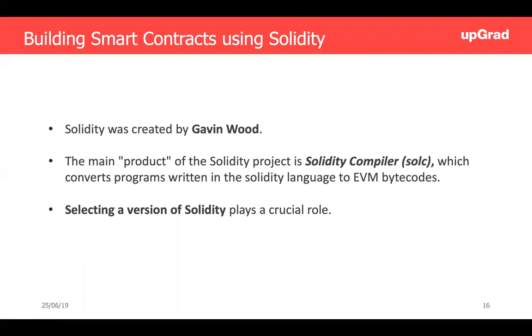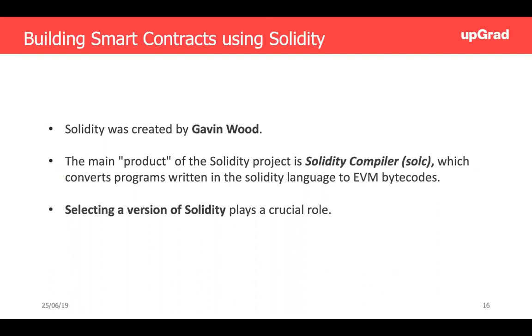The version of Solidity, or the version of the compiler, which is Solc, plays a crucial role in deciding how you want to build your contracts. The reason for that is Solidity is a very fast-growing language, so there are a lot of breaking changes introduced as part of every new version, or at least the major versions.